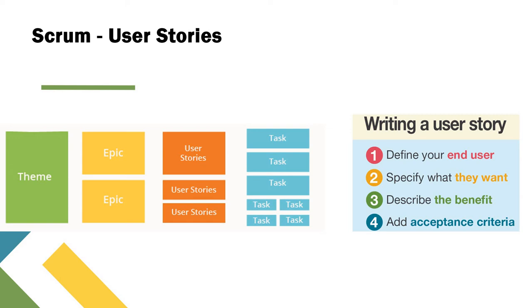So the user story structure will be like this: as a type of user, I want to perform some task, so that I can achieve some goal or value or benefit. Writing a user story means you define your end user, specify what they want, describe the benefit, and add acceptance criteria.